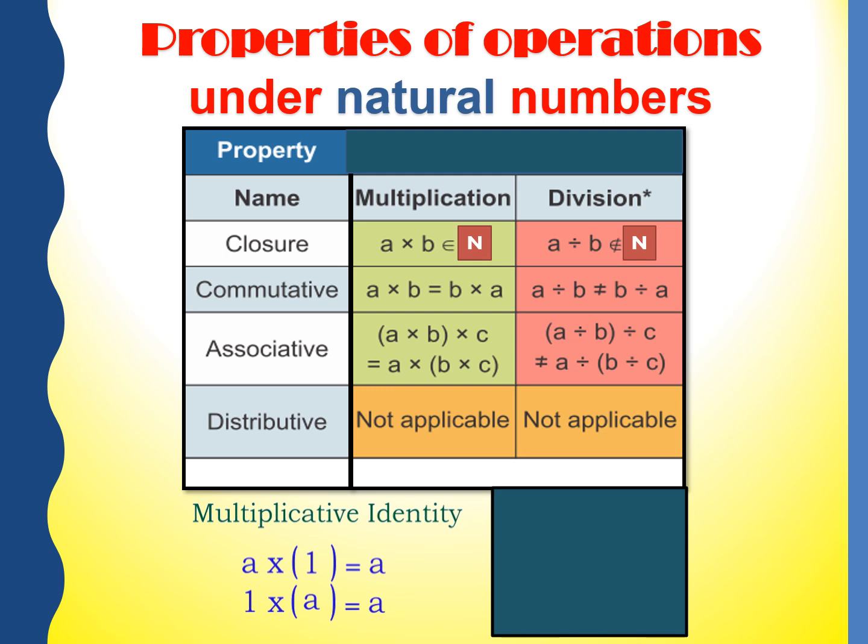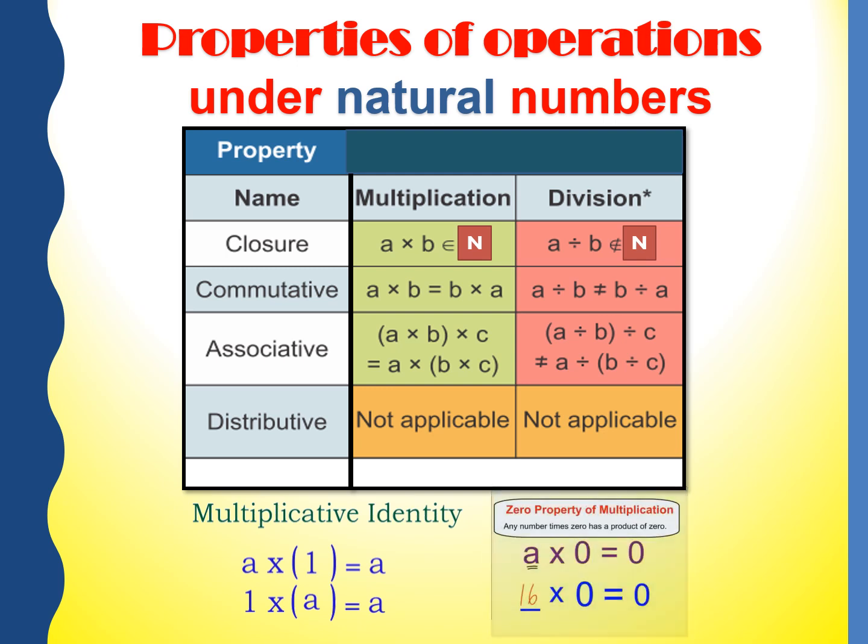Here, the multiplicative identity or the neutral element of multiplication is 1. Any number multiplied by 1 gives us the same number. And here, the zero property of multiplication, as we all know that any number multiplied by 0, the answer will be 0.